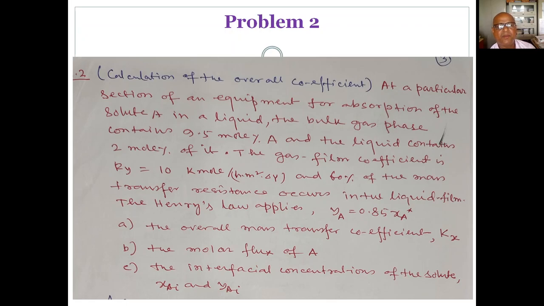You can experimentally determine the bulk phase concentration of the gas phase, that is Y_AB, and the bulk phase concentration of the liquid phase, X_A. But interfacial concentration experimentally is not possible. You have to calculate it theoretically, and we know how to calculate this one. So that thing we will do.